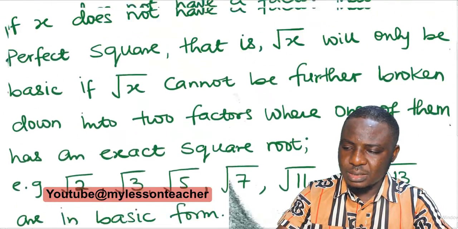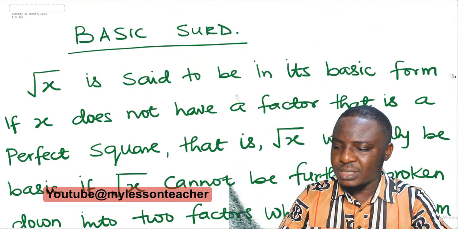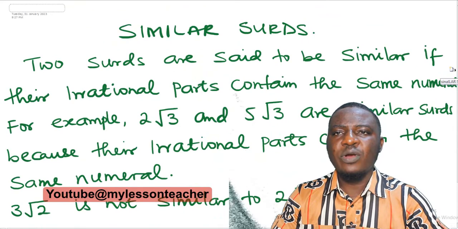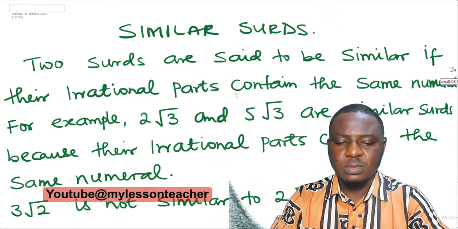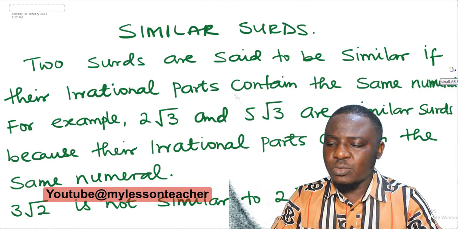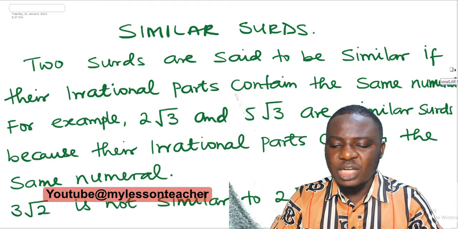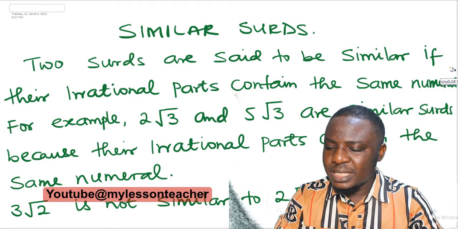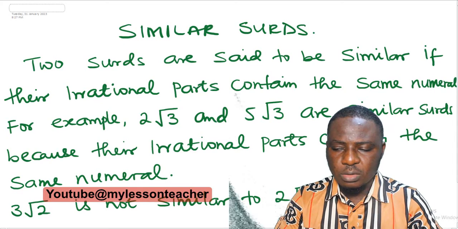Let's also look at some definitions as they apply to surds. We also have what we refer to as similar surds. Two surds are said to be similar if their irrational parts contain the same numeral.